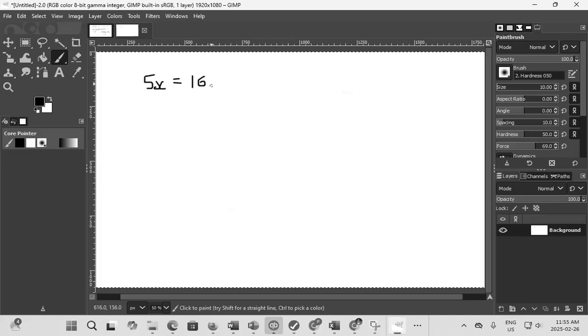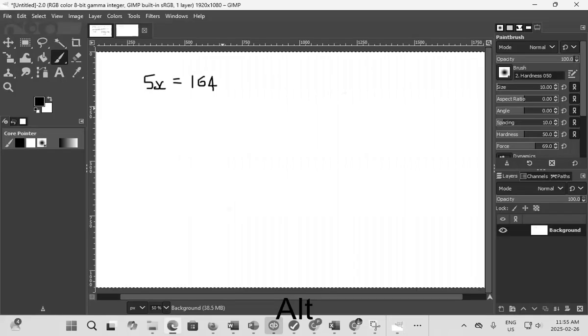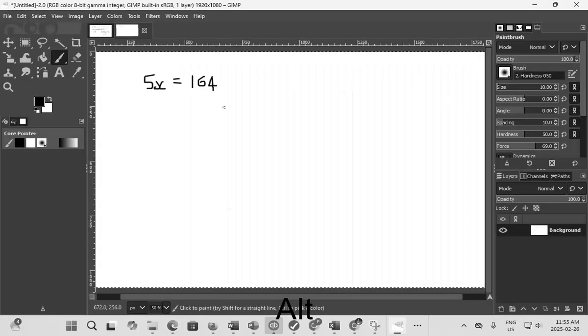This equation represents the increase in yield in terms of bushels per acre. 154 will be our base, and x represents the number of years.